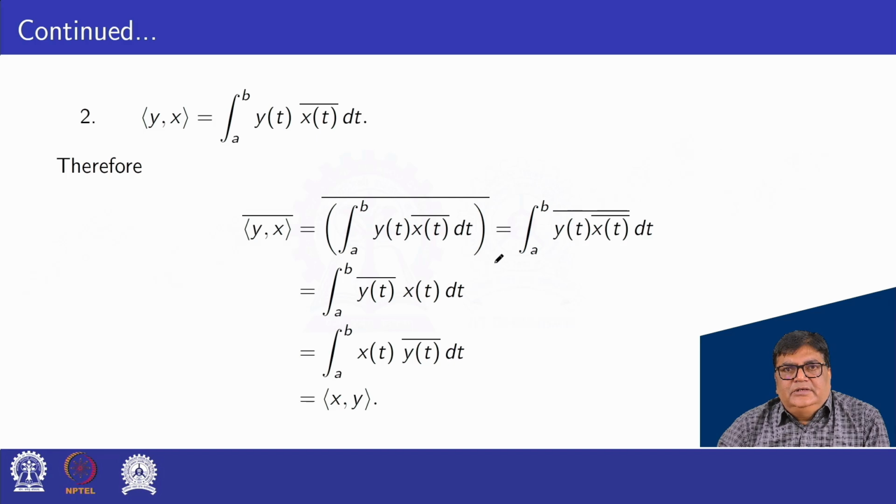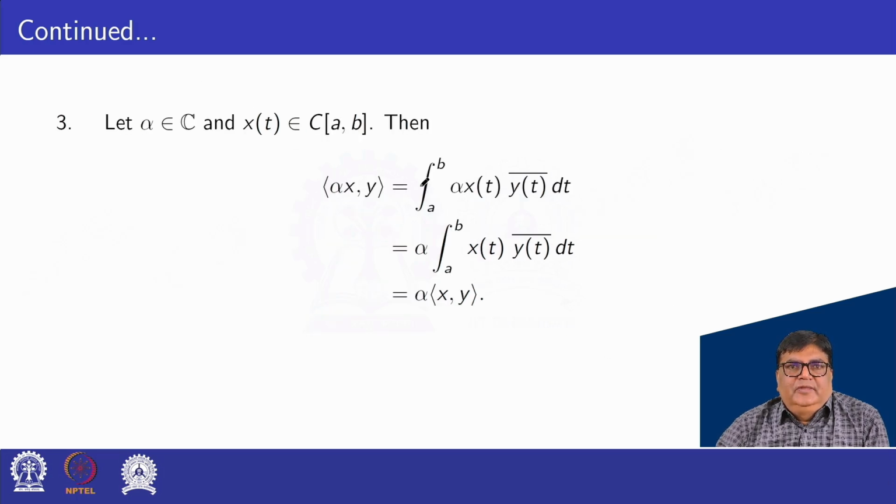Again, this can be written as y(t) bar and x(t) double bar, and x(t) double bar is x(t). So x(t) and y(t) bar are scalars, so we can interchange the position. So the integral from a to b of x(t) y(t) bar dt, as per the statement of this example, is the inner product of x, y. So inner product of x, y equals the conjugate of the inner product of y, x. So the second condition is also proved.